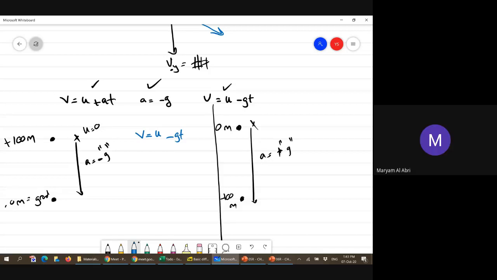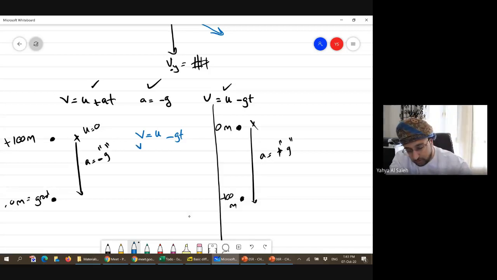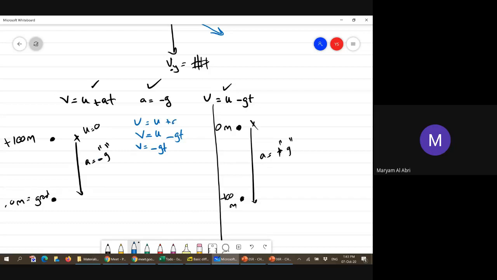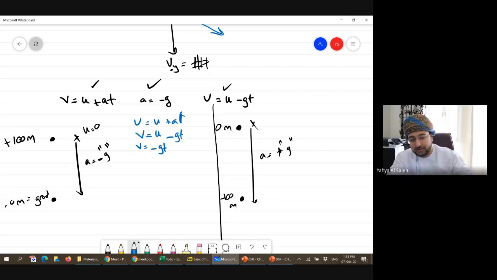We agreed u is equal to 0, so v equals minus gt because I have agreed that here. V equals u plus at. I have defined my g to be negative here. So my velocity is going to be equal to minus 9.81 times the time it takes to get here.